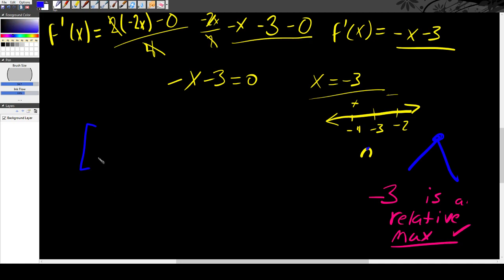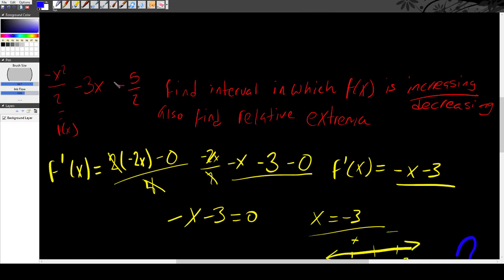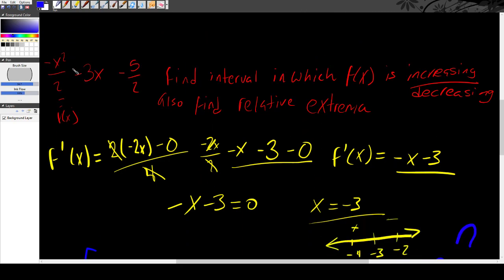Looking at this, we need to make an interval. Considering the only point at which the derivative is equal to 0 is negative 3, since it never changes from positive to negative or negative to positive, it's essentially just a parabola. You could have told this instantly by saying this is an x squared and there's no higher degree. It's not x cubed or x to the fourth.